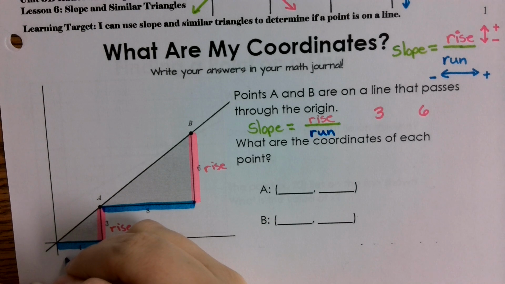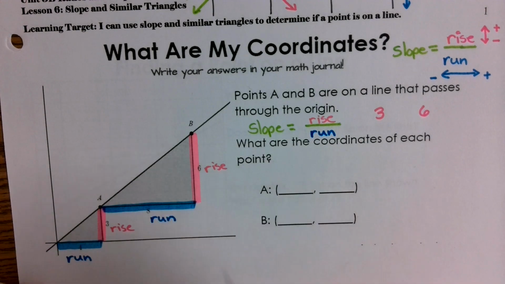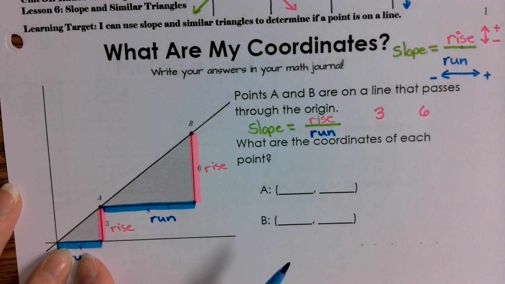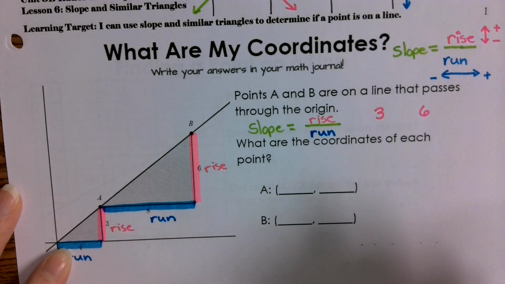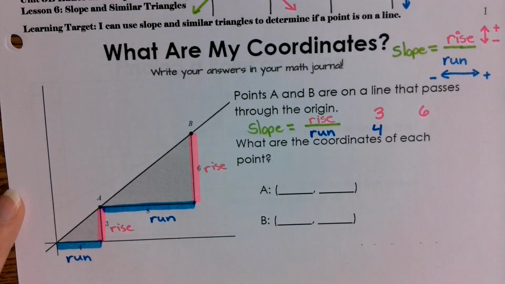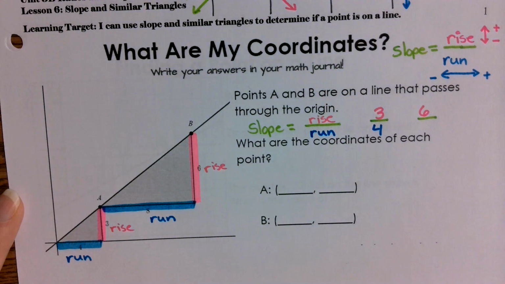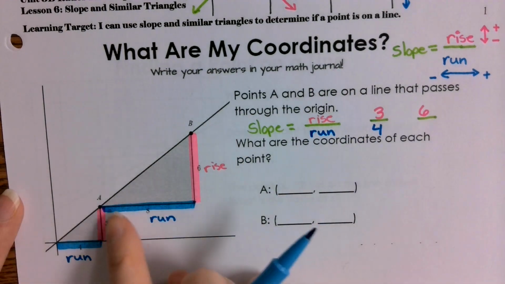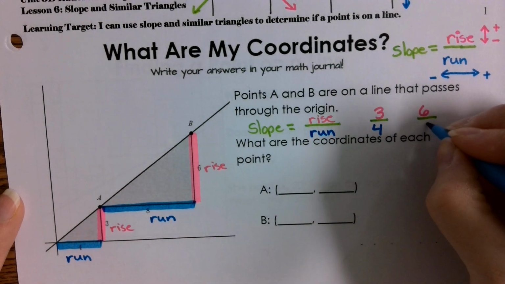Now, just like we said before with similar figures, you have to have corresponding measurements. So this 4 corresponds or belongs with which one of these rises, the 3 or the 6? The 3. Okay, so we're going to put the 4 underneath the value of 3. And then what's going to go underneath the value for 6? The 8, because that 8 is going to correspond to the rise that's the 6.